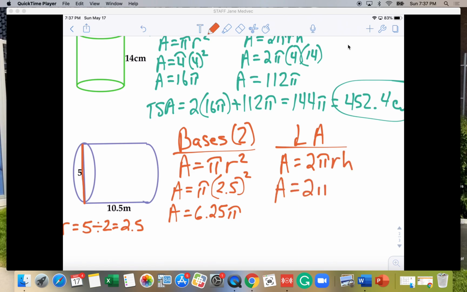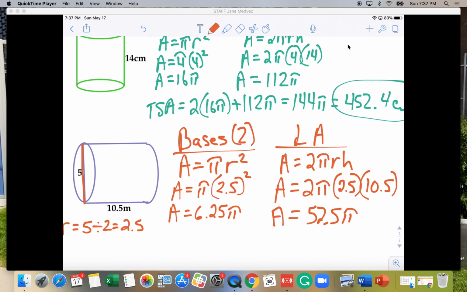Area is 2 pi times 2.5 times h. You could use pi d if you wanted to also. But, oh, I forgot the height they gave me, and that was 10.5. So area equals, you're going to take, and you get 52.5 pi.